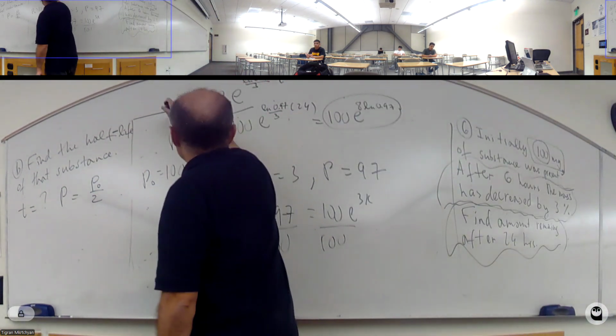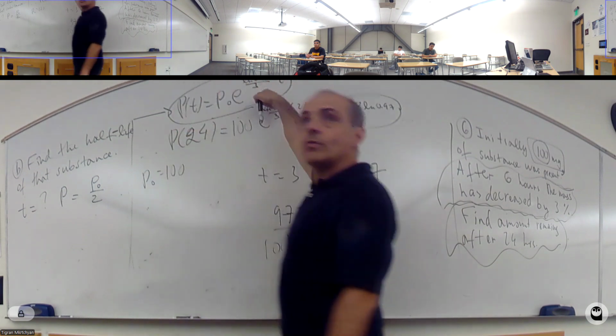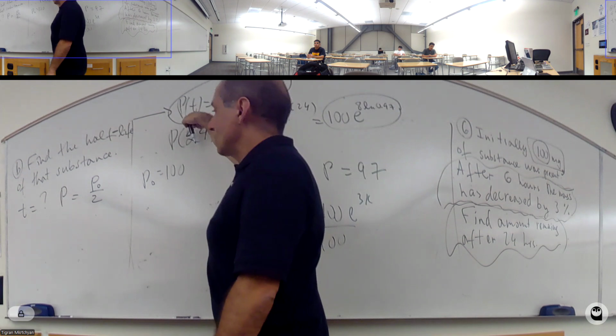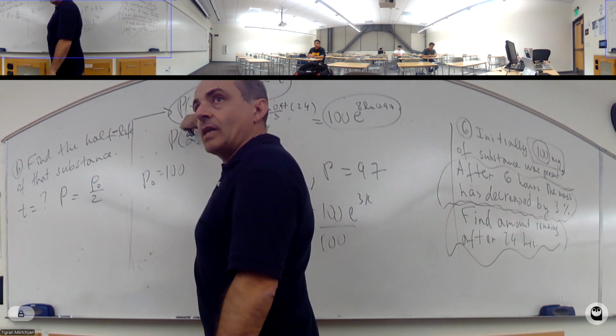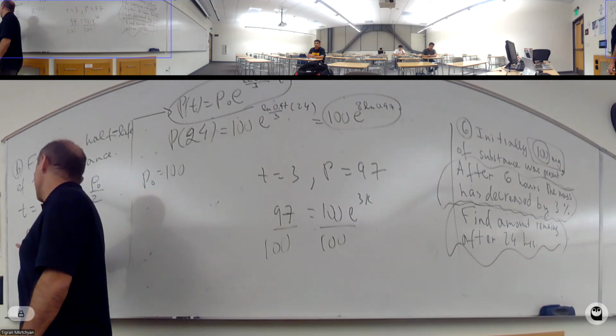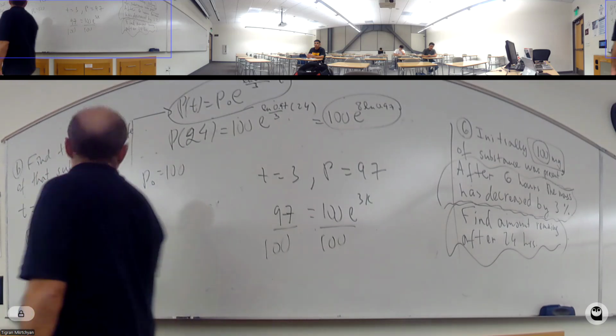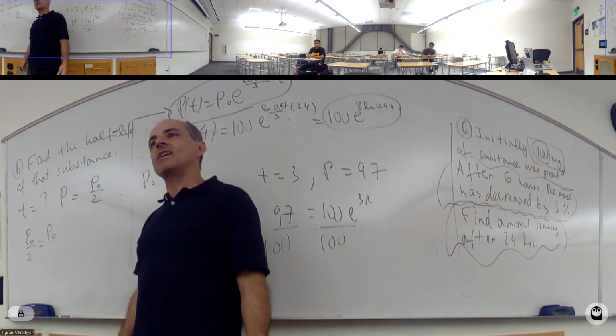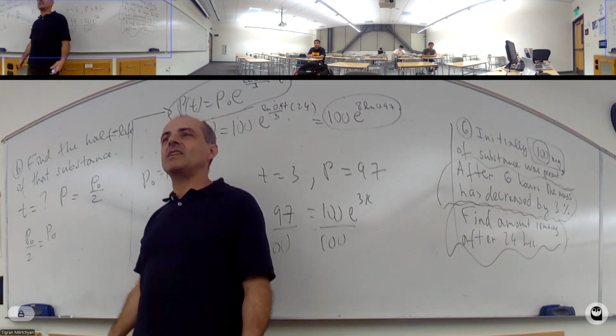This is the equation that we have with the K we already found, right? We'll just plug in here. So the amount that is left is half of P0. Oh, I'm making the same mistake, because P0 is not important here, but we do have the P0.